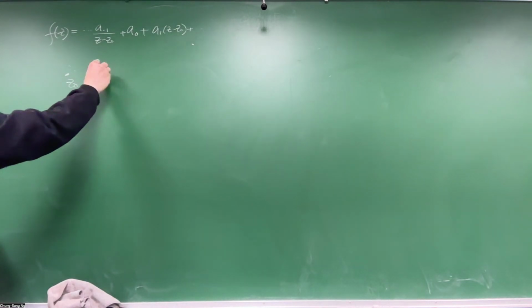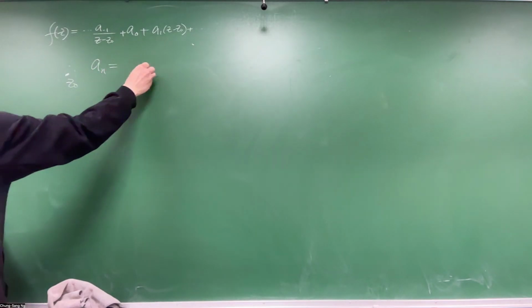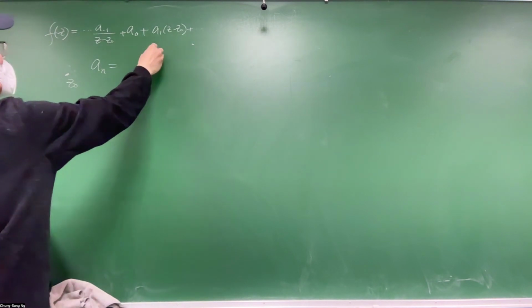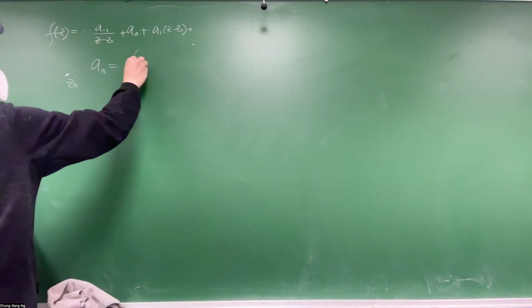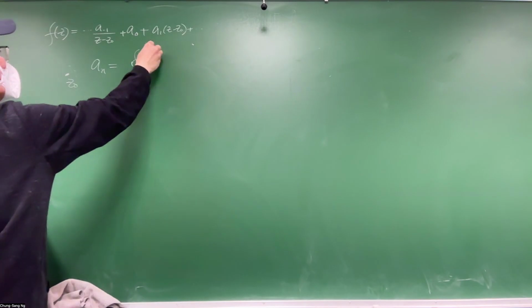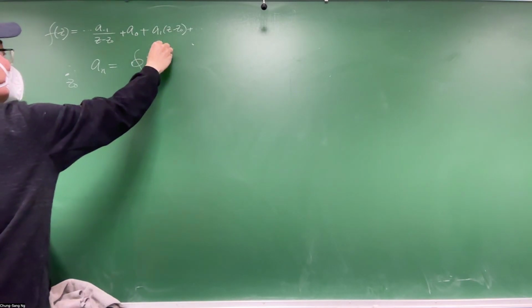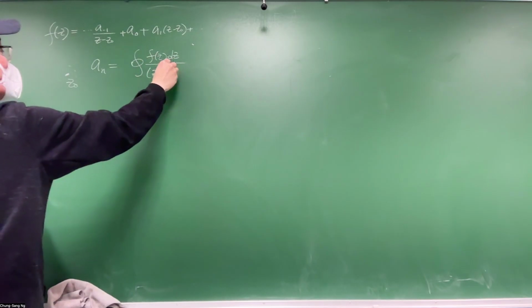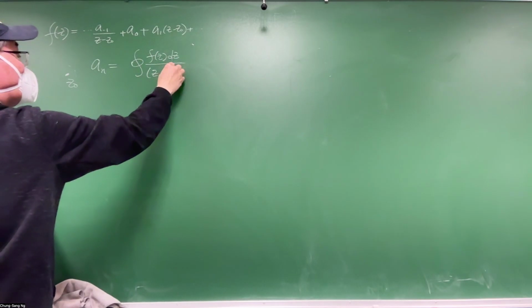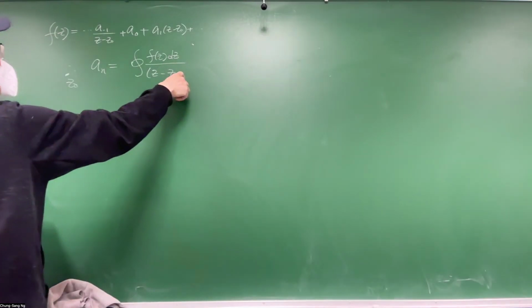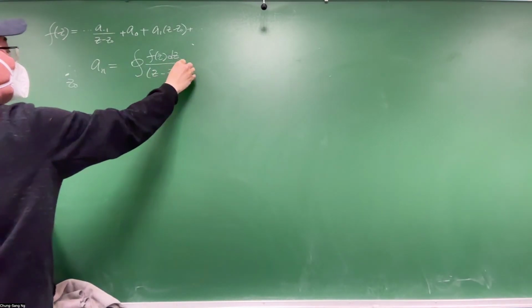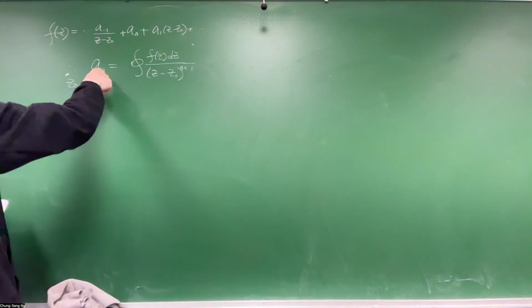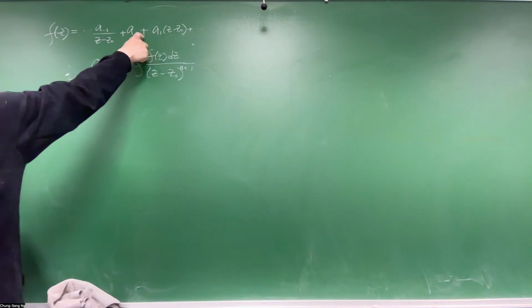It's basically a sub n is the integral of f dz divided by z minus c sub 0 to the n plus 1, because a sub 0 is the function at c sub 0.